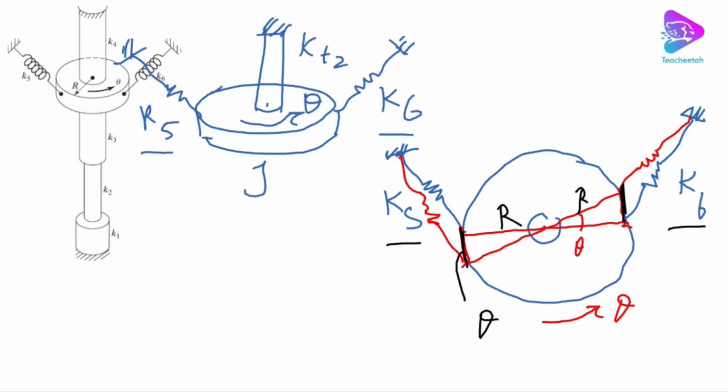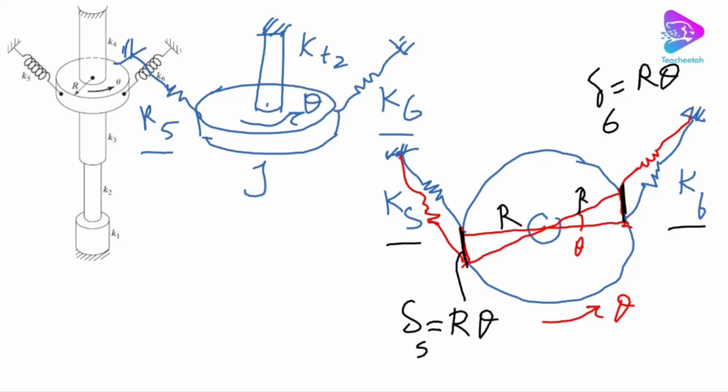We have r theta, right? If we have the torsion of theta on the system, K6 has delta 6, which is equal to r theta, and K5 has delta 5, which is equal to r theta.